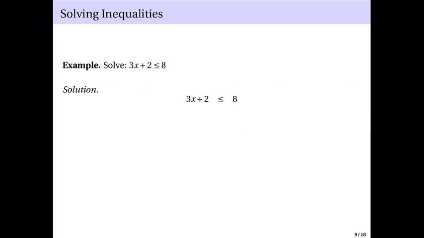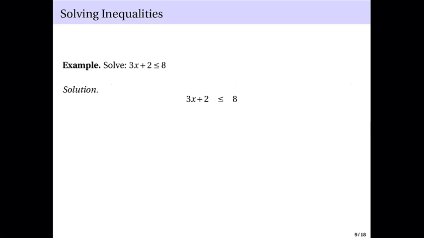So our first example here is that we want to solve the inequality 3x plus 2 less than or equal to 8. Again, in solving inequalities, we'll use all the properties that were introduced earlier. So we start with 3x plus 2 less than or equal to 8.